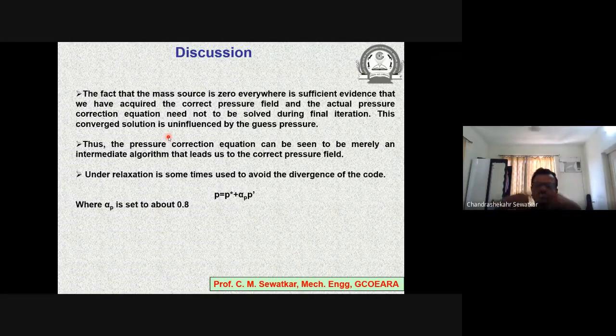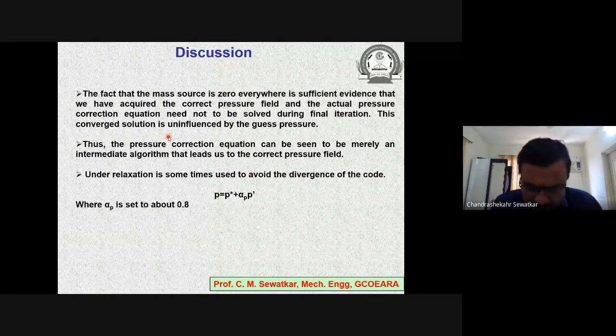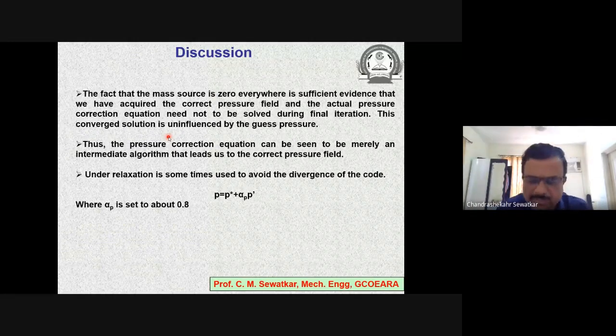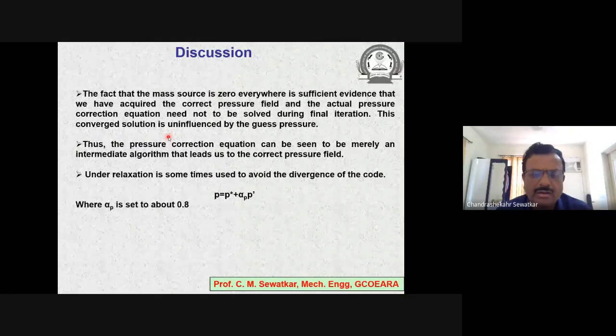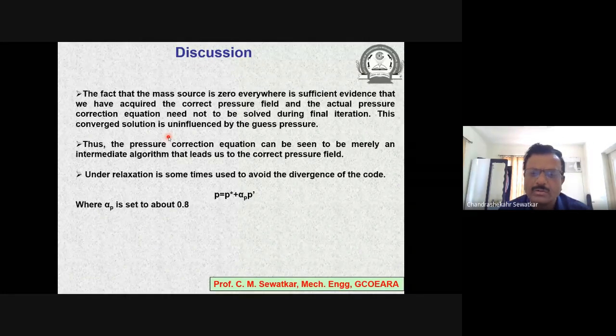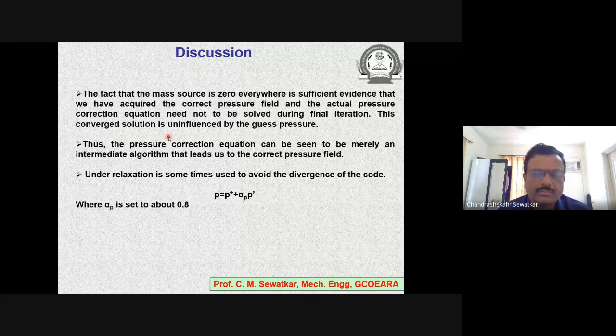At every iteration you have to solve the intermediate algorithm for obtaining the pressure correction and the corrected pressure field. Many times it is possible that the internal loop takes too much time to obtain the corrected pressure.